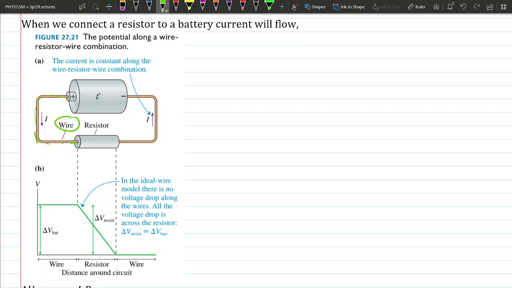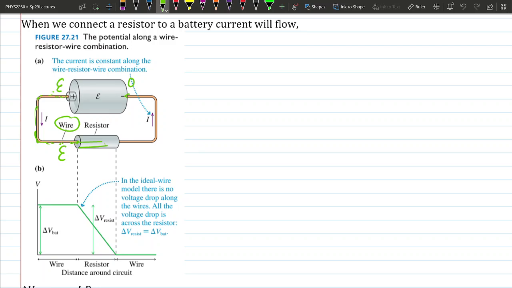We saw that it was like 0.4 ohm, whereas a regular resistor is like 500 to 5,000. So compared to the resistance of the resistor itself, the wire doesn't give you much of a voltage drop. If we declare this point to be 0, this will be EMF. We're going to model it as if there's no voltage drop when you're moving along a wire. That's an important point.